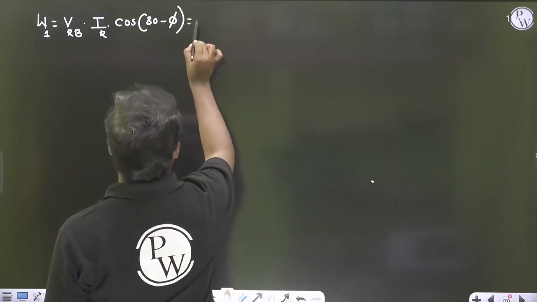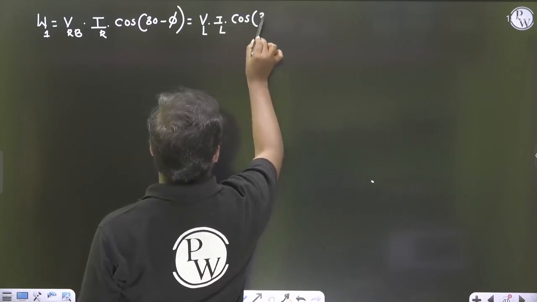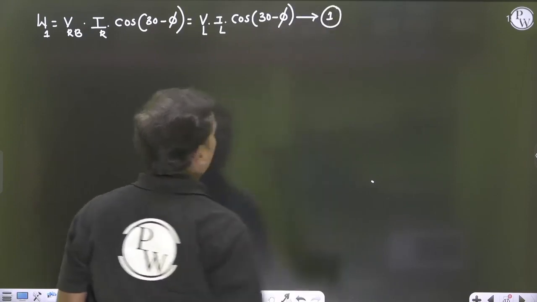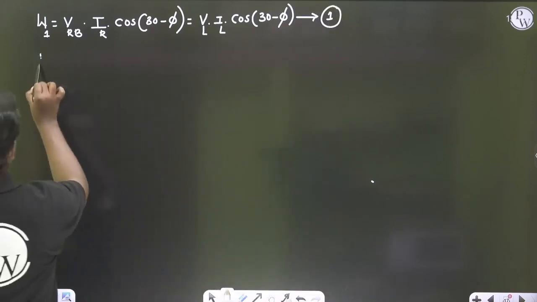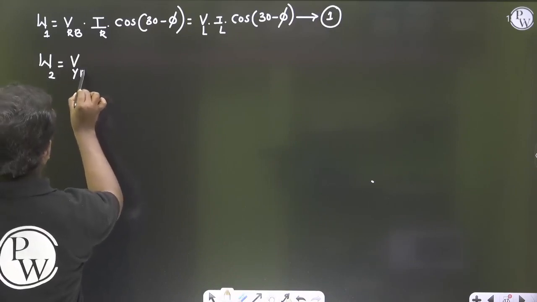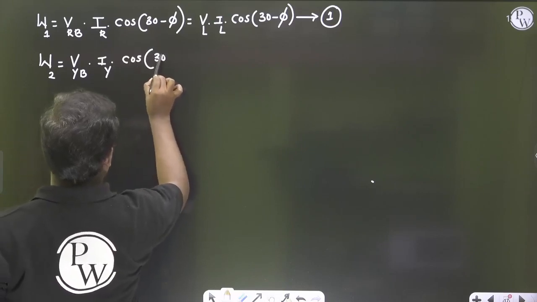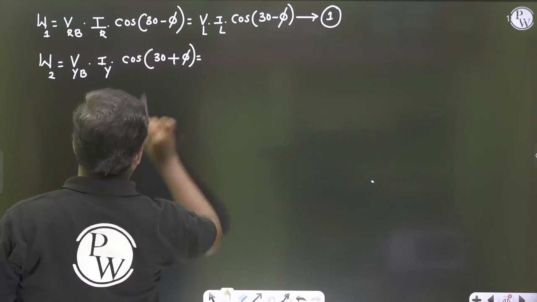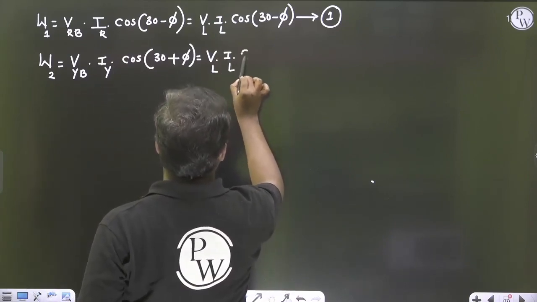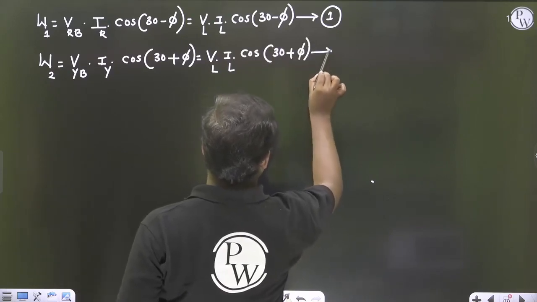This is nothing but VL IL cos 30 minus phi. For 1, let us finish. Let us go for equation number 2, that is VYB into IY cos of 30 plus phi. So this can be taken as VL IL cos 30 plus phi. So this is equation number 2.